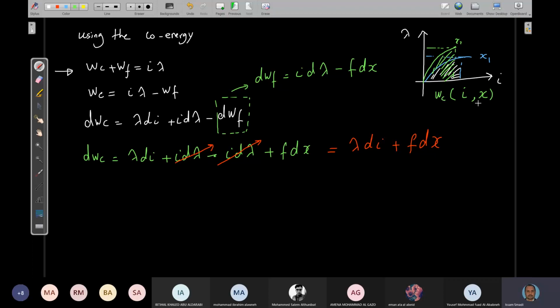So if the Coenergy is a function of the current and x, I can calculate d omega C by dt, which is equal to what, according to the chain rule?